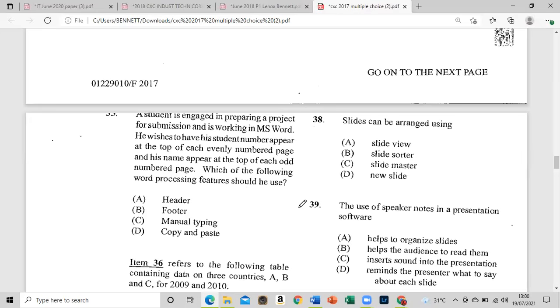Which of the following word processing features should he use? A, header, B, footer, C, manual typing, or D, copy and paste? So which is it, guys?